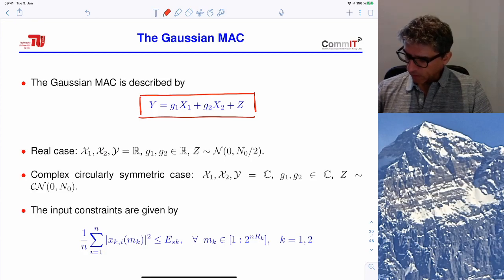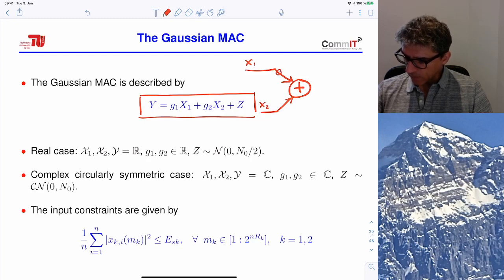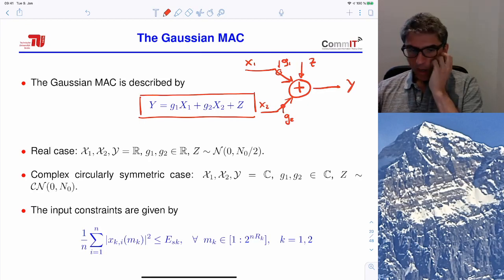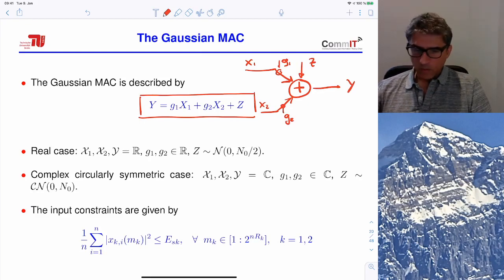So in other words, if I want to draw a block diagram, the channel is simply an adder that adds signals X1 and X2 with weights G1 and G2, plus noise, and we get Y. So this models, for example, the case where we have transmission on the same radio channel, and because the radio channel is a shared medium, the signals transmitted by the two transmitters 1 and 2 superimpose with different gains, so different scaling factors.